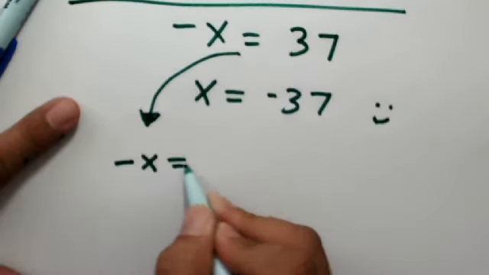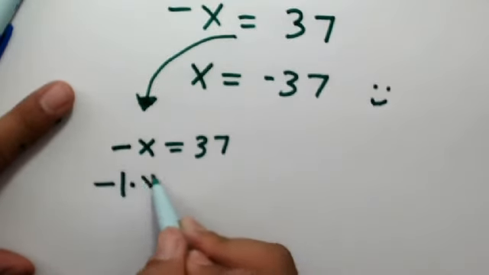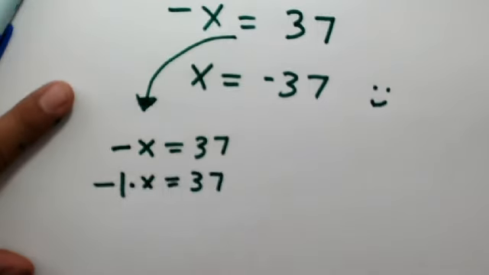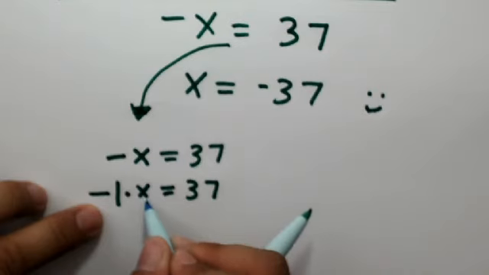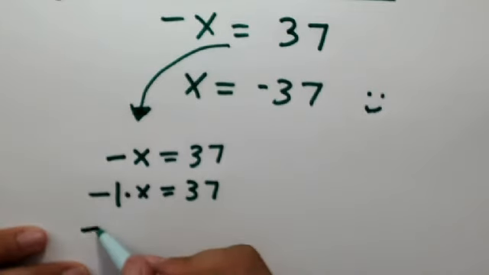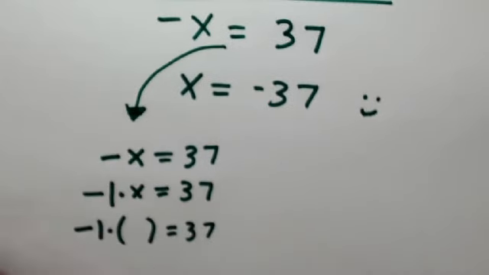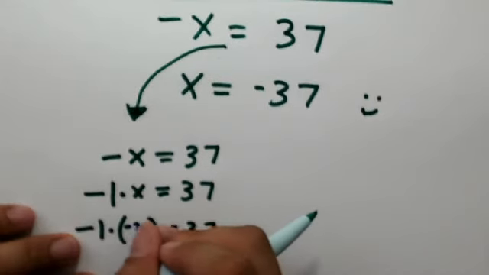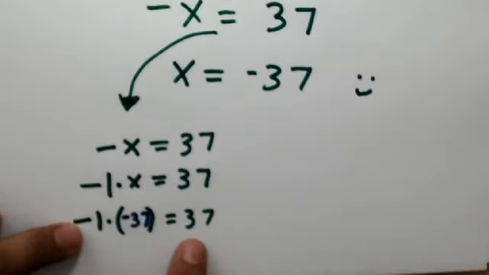Negative x equals 37 is the same thing as saying negative 1 times x equals 37. And since you're saying negative 1 times x equals 37, that would mean that negative 1 times something would give you 37. The only number possible at this point is negative 37, because negative 1 times negative 37 is positive 37.